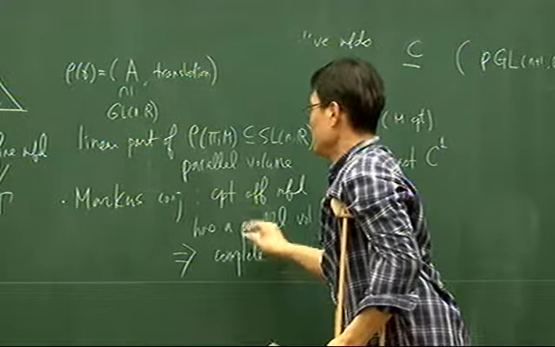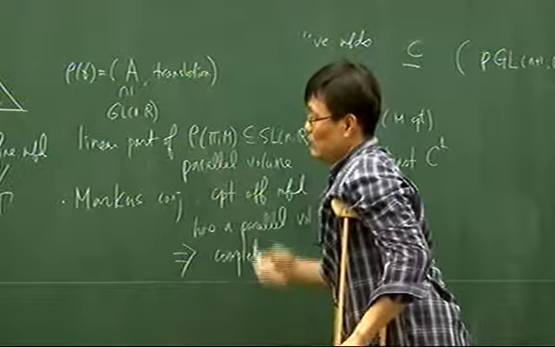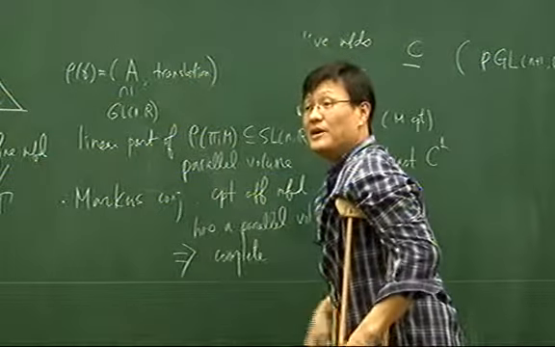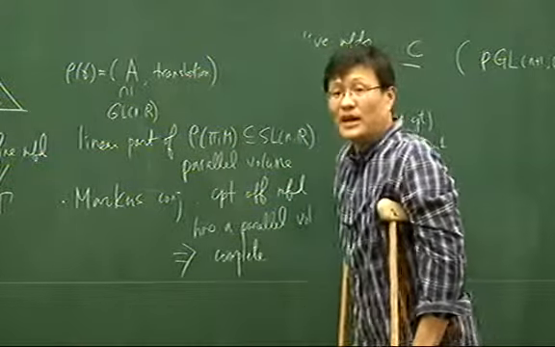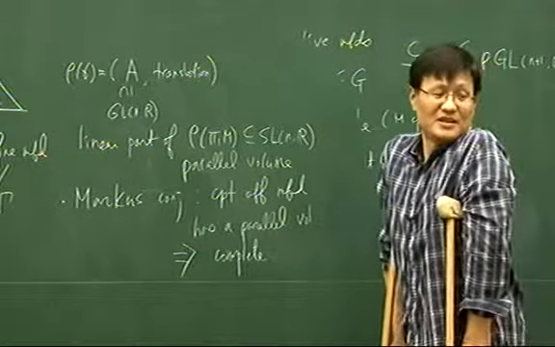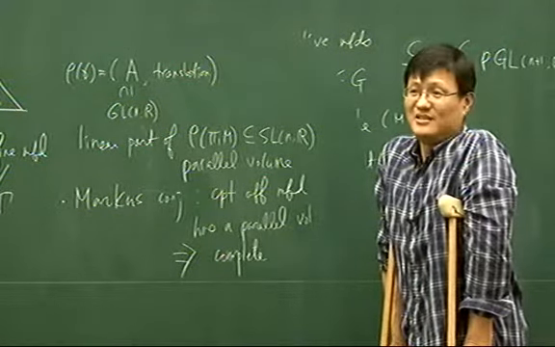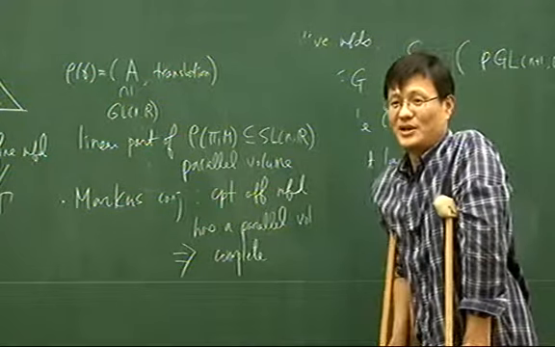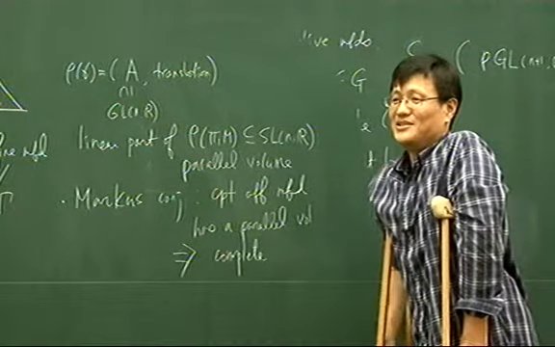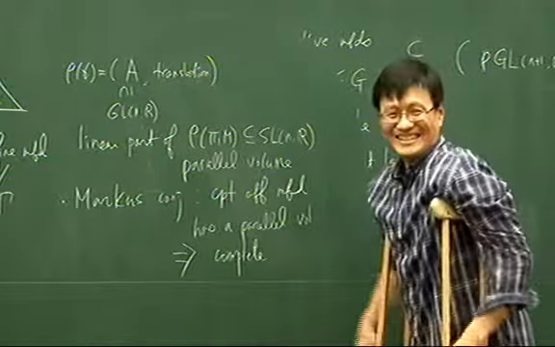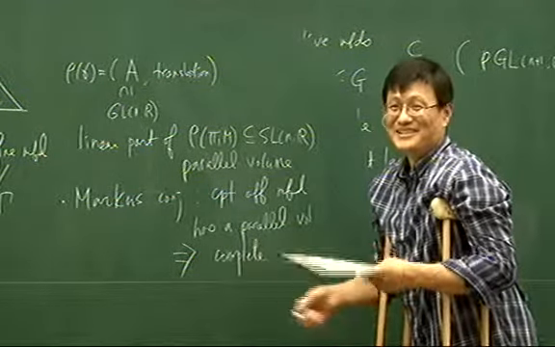You can write M as a quotient of the whole Rn by some discrete group in the affine group. This is a conjecture; as far as I know, this is unsolved. So this is a good problem for graduate students. It might be difficult, but you can try.